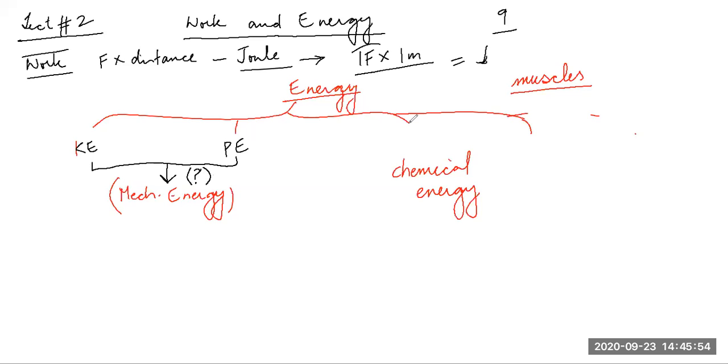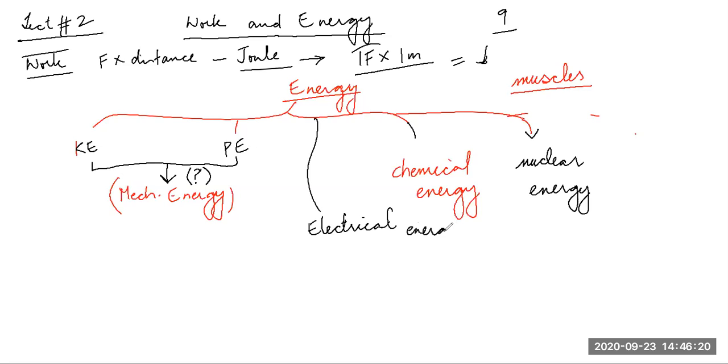Then any other types of energy? There are so many types of energy. Heat energy, beautiful. Then nuclear energy. Electric energy, that's really true. Anything which can do work has energy.